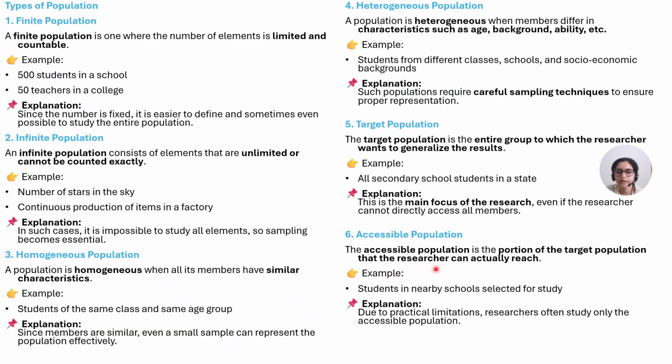Accessible population is the portion of the target population that the researcher can actually reach. So accessible population comes from the target population. Target is one whole group on which the researcher wants to conduct research. Accessible population is a small portion of the target population that the researcher will actually reach out to.